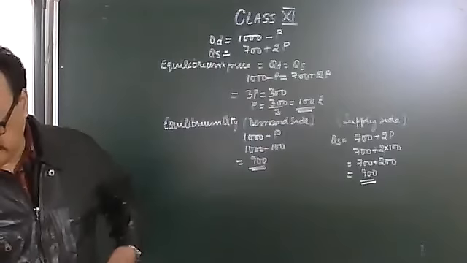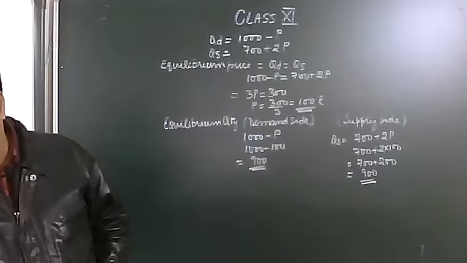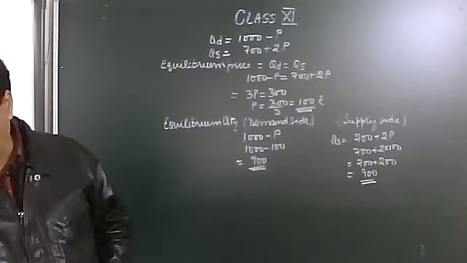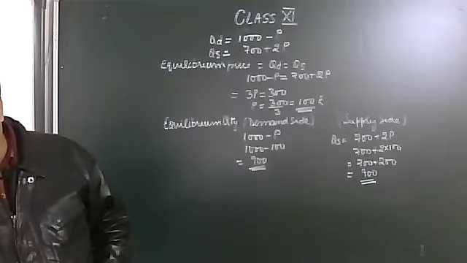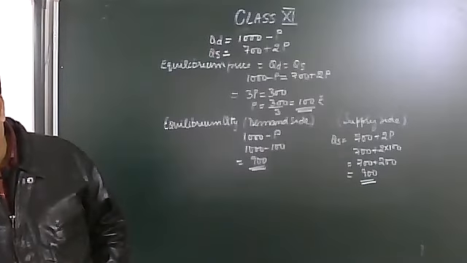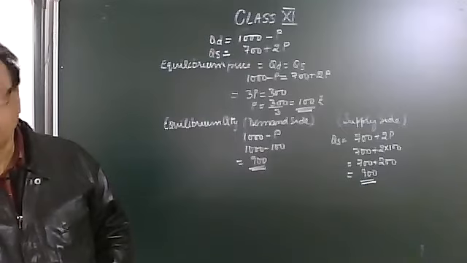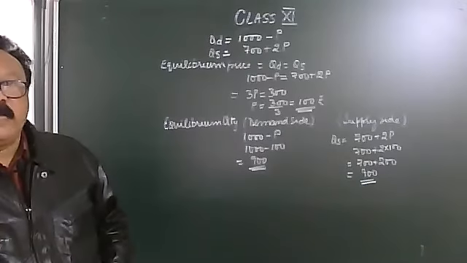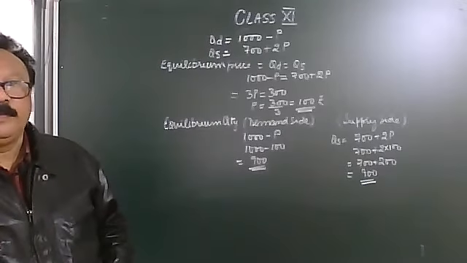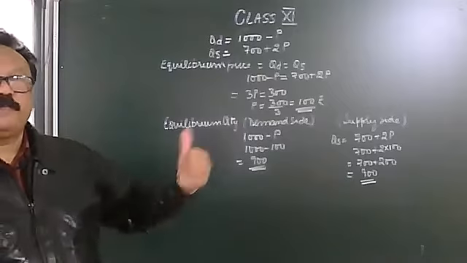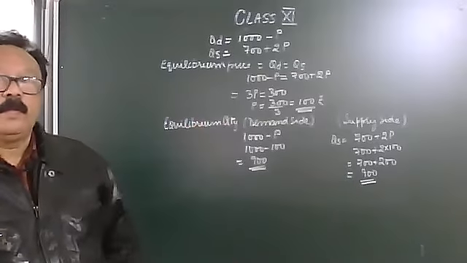So the first part is done: find the equilibrium price and equilibrium quantity. Is that okay? The first part is okay? Good.